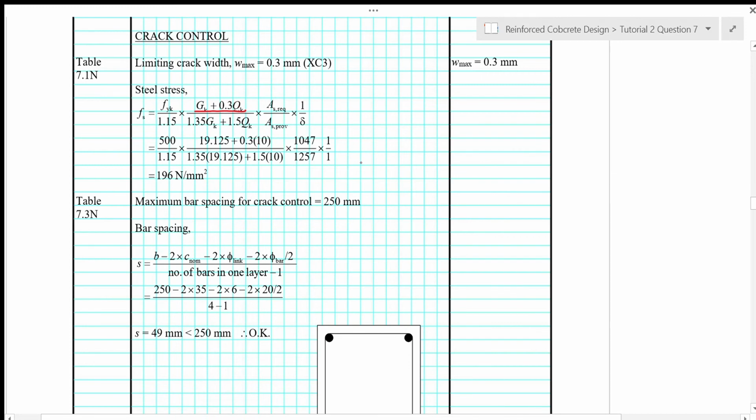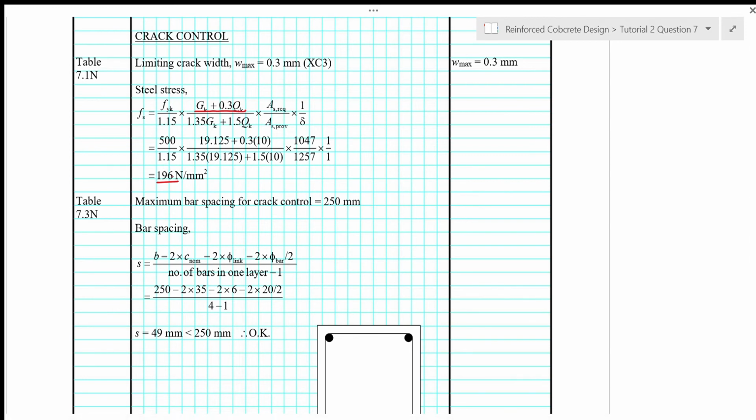So Gk is 19.125 kilonewton per meter and Qk is 10 kilonewton per meter. And then As required is 1047 square millimeter and As provided is 1257 square millimeter, and the steel stress Fs is 196 Newton per square millimeter.